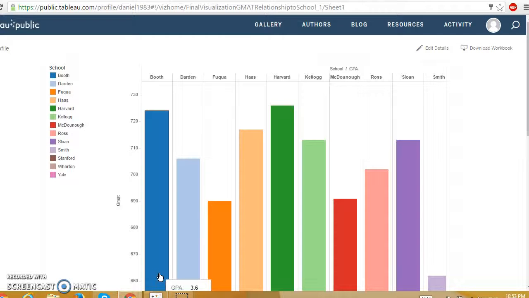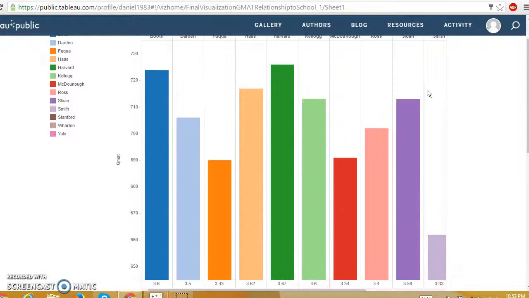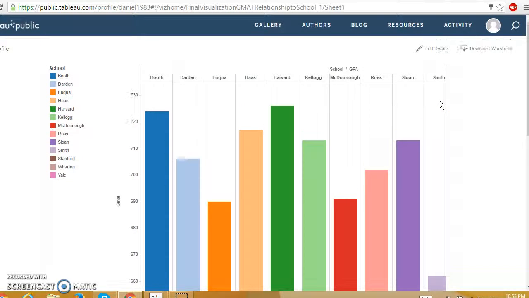Since I'm probably going to be taking the GMAT, I want to know where I stand in terms of admissions. These schools range between top 10 schools as well as top 50 schools, so we can better see the difference between each one.